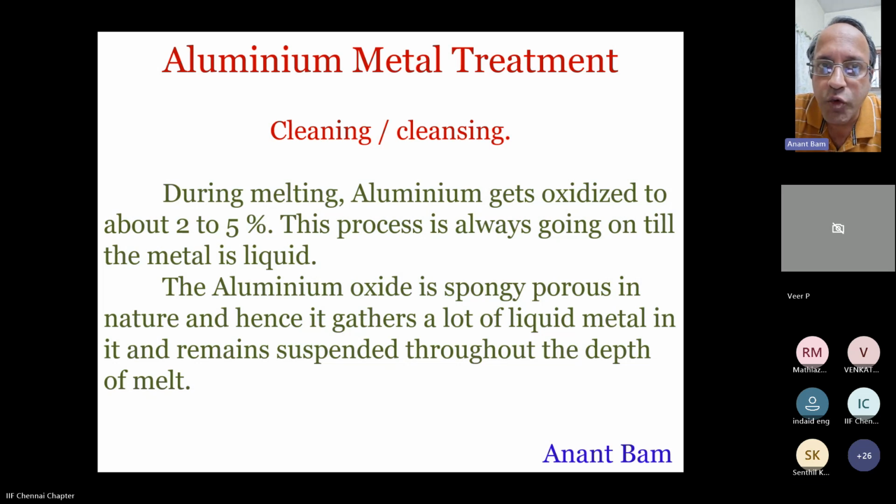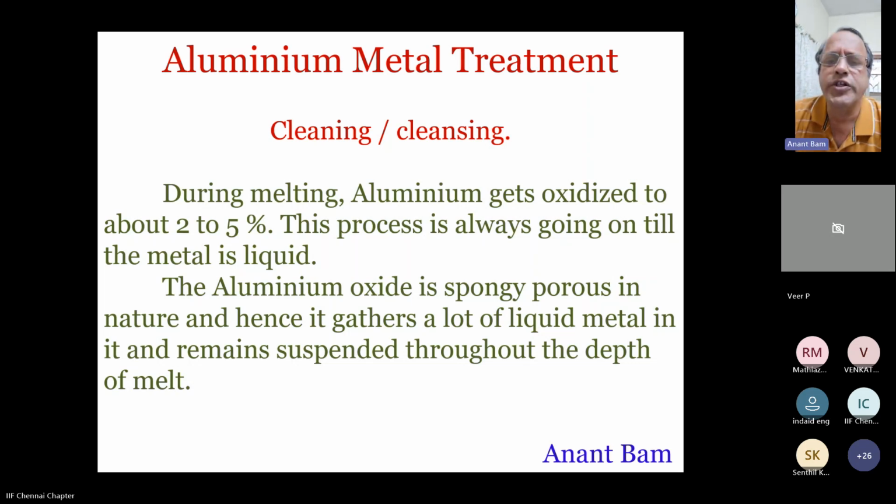It's not 2 times or 3 times the difference as in case of iron oxide. Now, the nature of aluminum oxide is like a sponge. Just imagine you are throwing a sponge ball in water and stirring it. The sponge naturally absorbs water in it. Just like that.